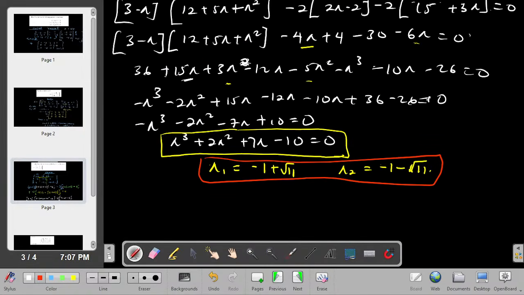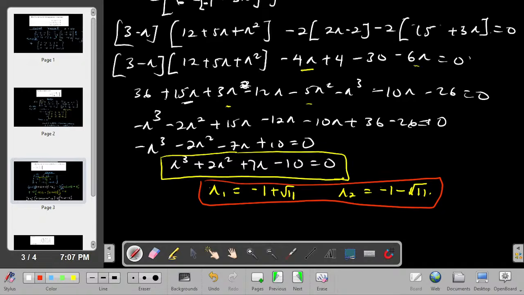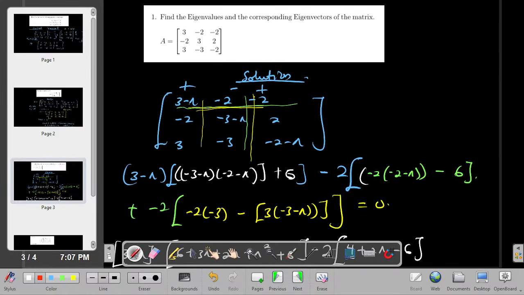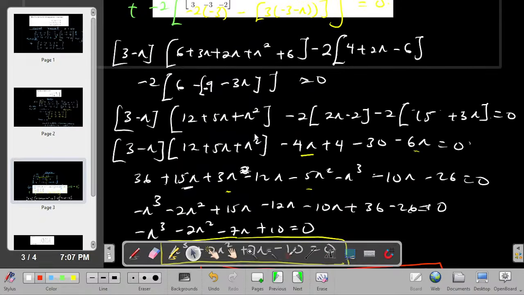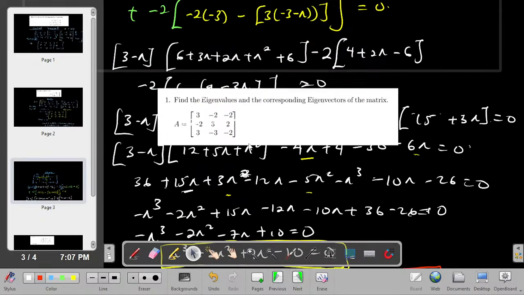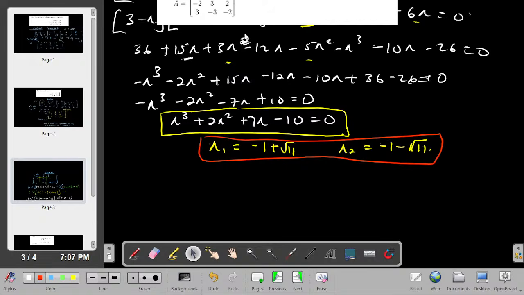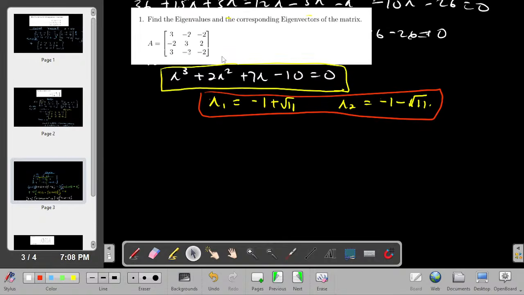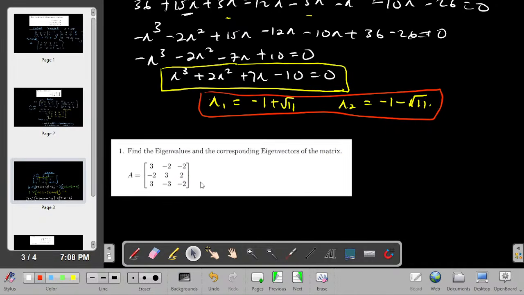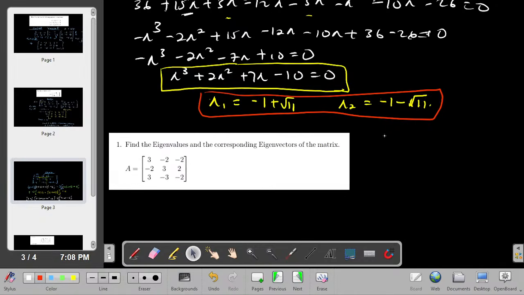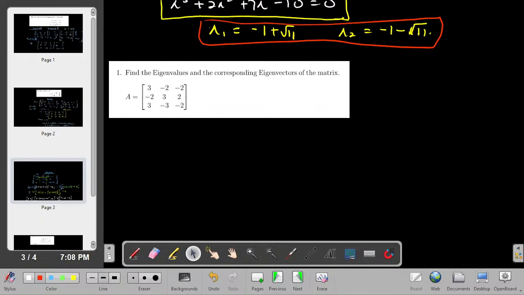So let's reproduce this work here by writing it. So how do I get, let me write mine. So I can copy my question down. Good. So at this point, I can find my first eigenvector.